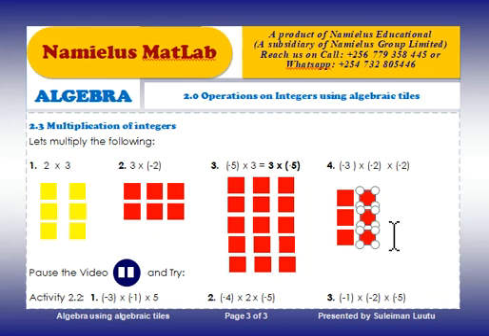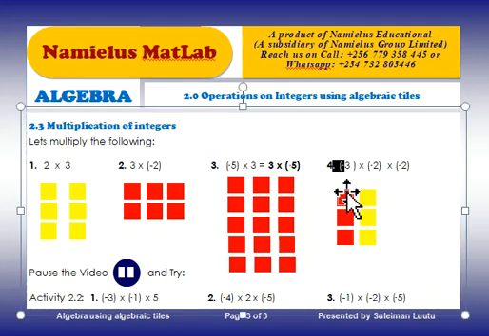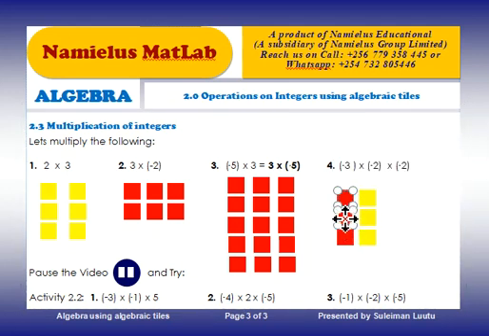So the negative and the negative takes that to a positive. Those two negatives will come up with a positive. So we shall have a positive 6.